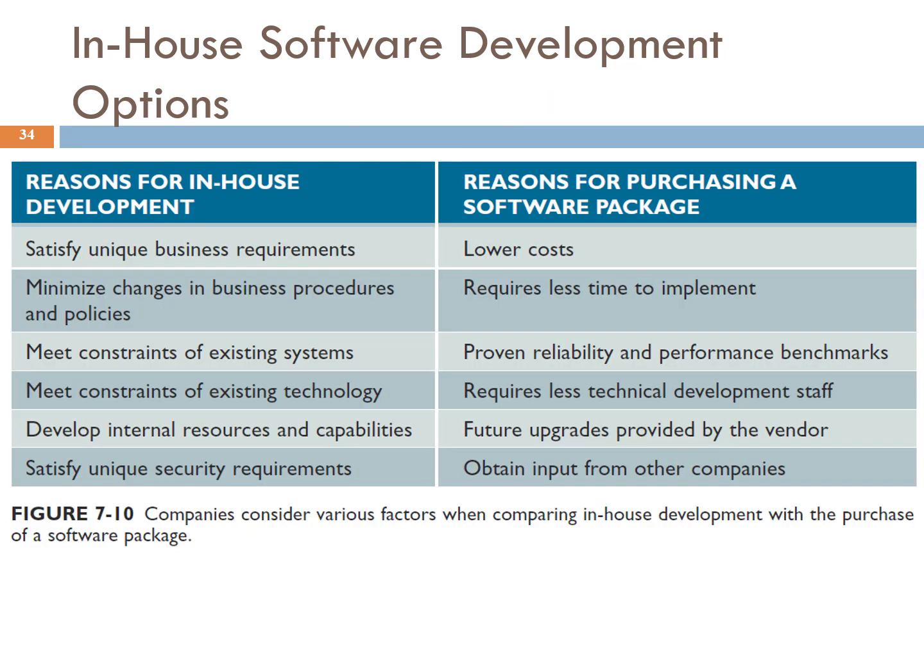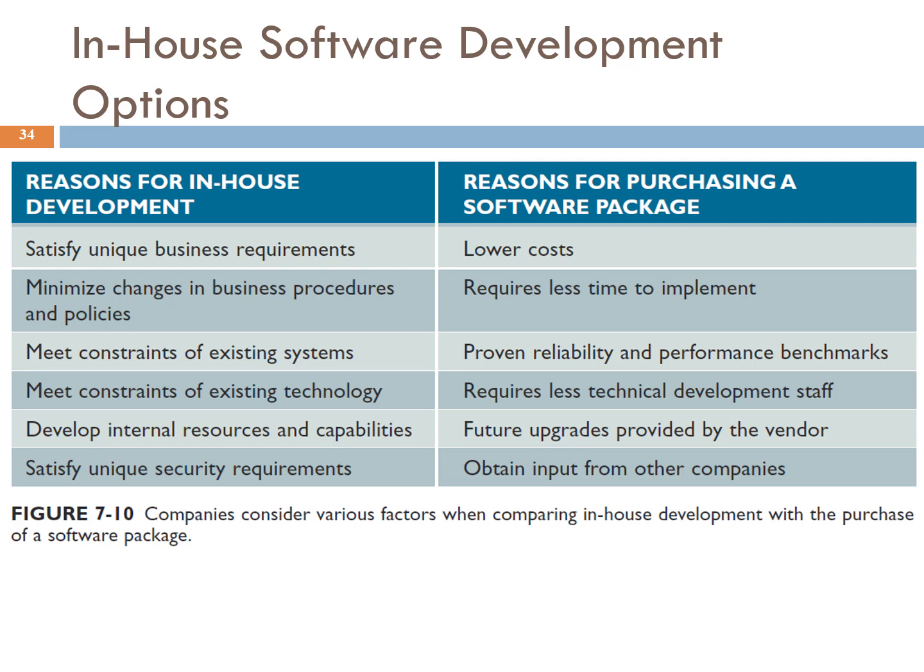Here we can see the reason for in-house development versus the reason for purchasing a software package. So either build or buy. The details of these reasonings are in the text reference, so you can read through the points of these reasons.